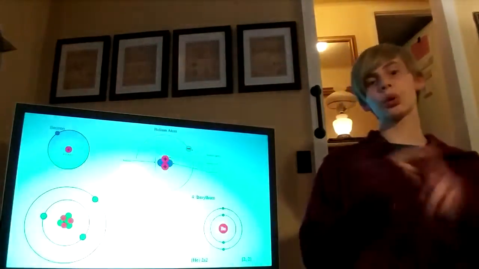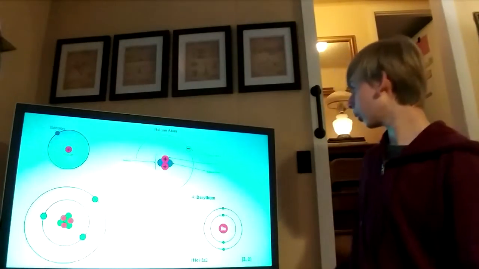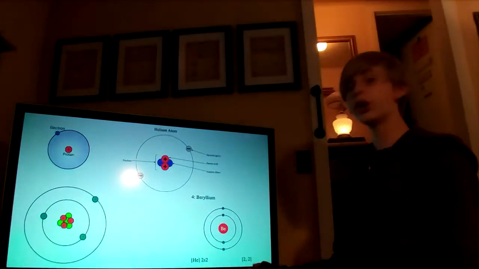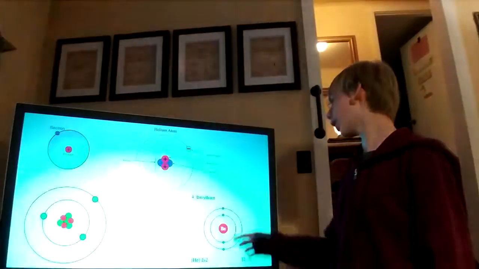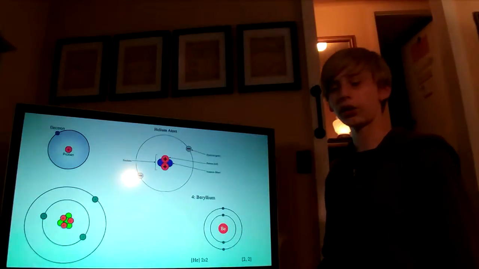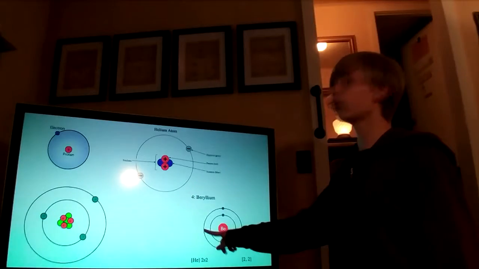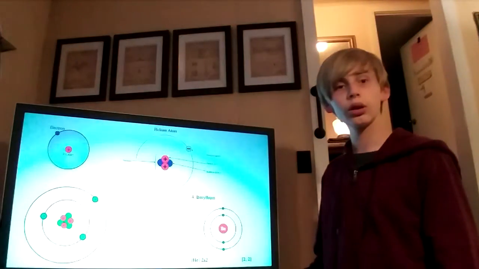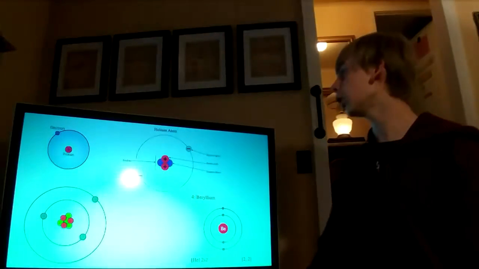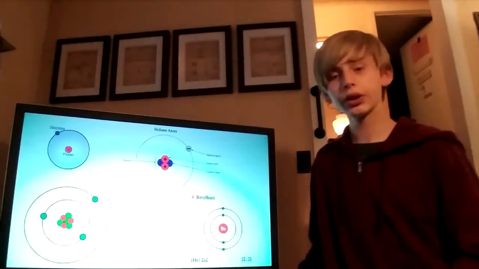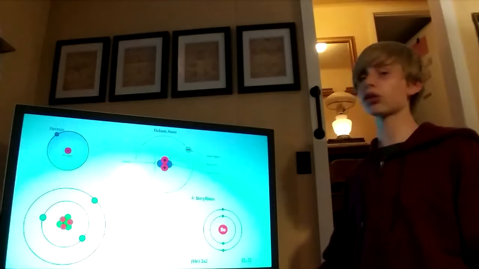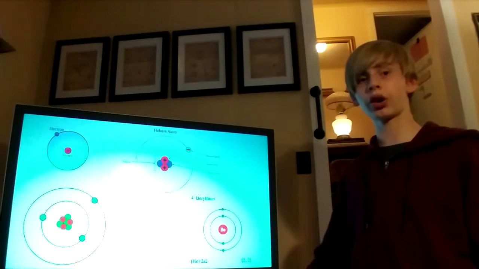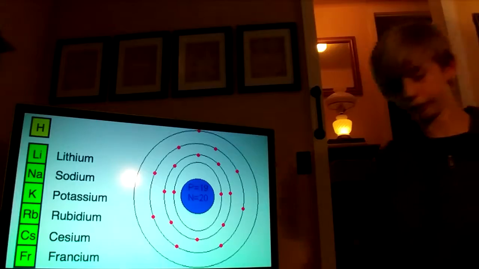And if you go one step further, we get to beryllium. Beryllium has two electrons in its outer shell, and it has two electrons in its inner shell. So it can have more electrons in its outer shell if it wants to be completely inert, like a helium atom, or in this case a neon atom. And then you can just keep on adding electrons and protons until you get to oganesson, element 118.